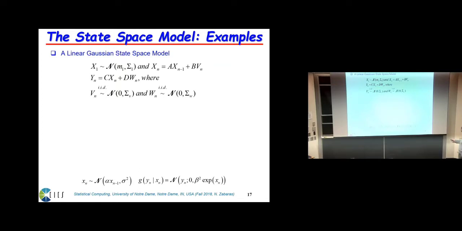These matrices that I have here are constant, and the noise is also Gaussian. I can tell you that there is an analytical solution to this problem. If I give you the observations y and I tell you to go and compute the posterior of x, or any other quantity regarding x, there is an analytical solution to this problem, and it goes under what name?